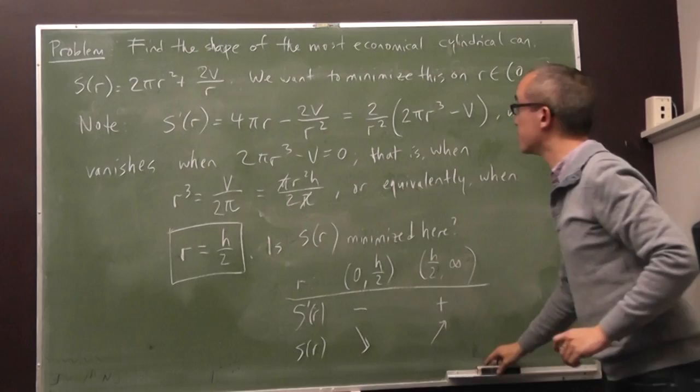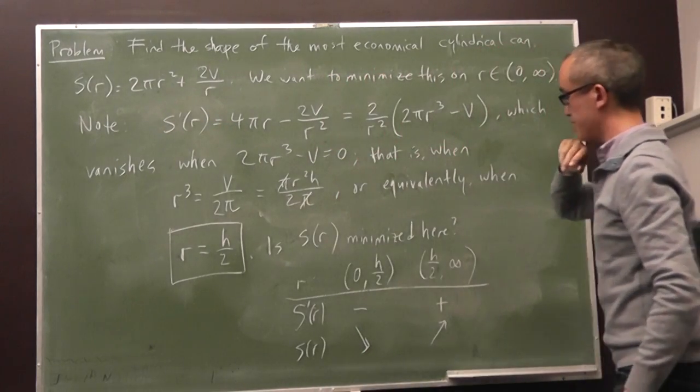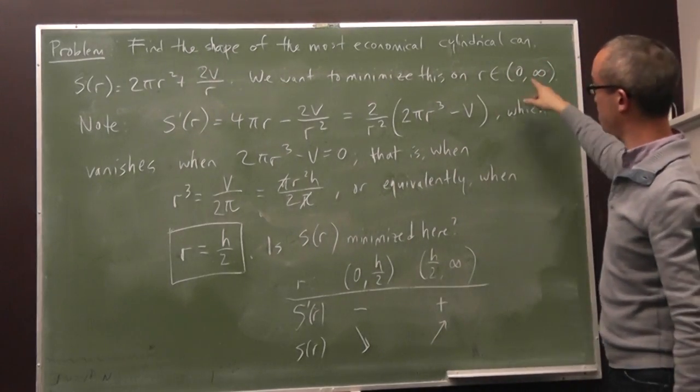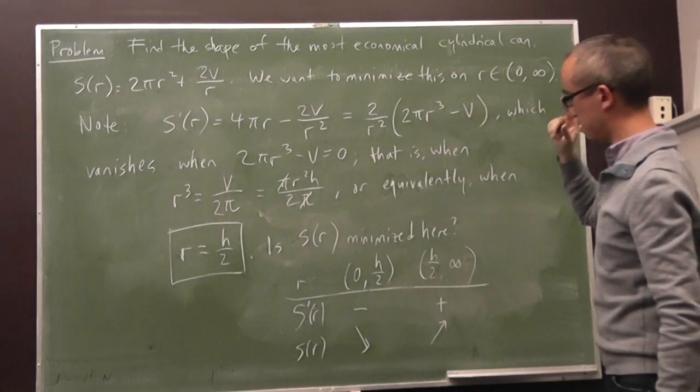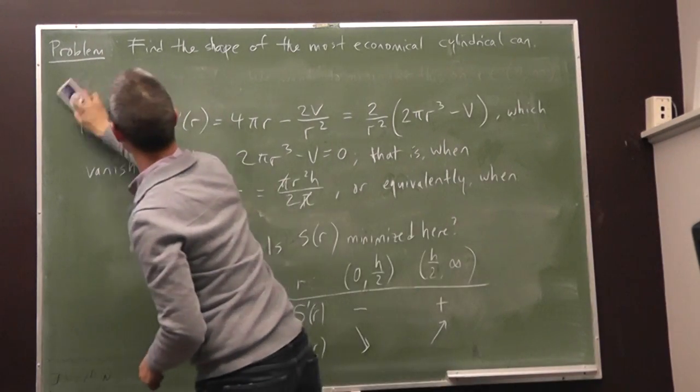And this tells us that our original function has a local minimum. In fact, a global minimum, since our original function is continuous on this domain. It tells us that it has a global minimum at r equals h over 2. Just write that down.